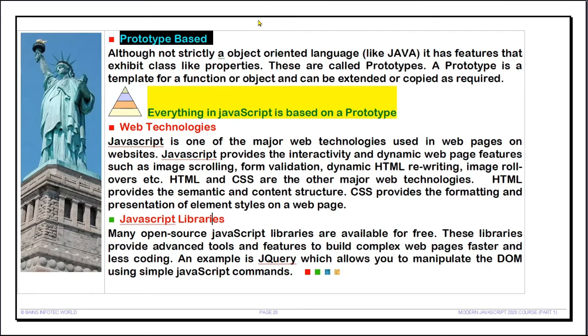So for example, if you have a math function in JavaScript to calculate the square root of something, math.sqrt, for example, is a square root of a number, and that has various properties.